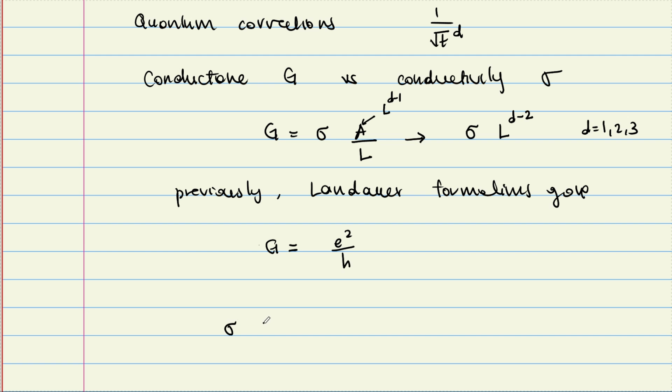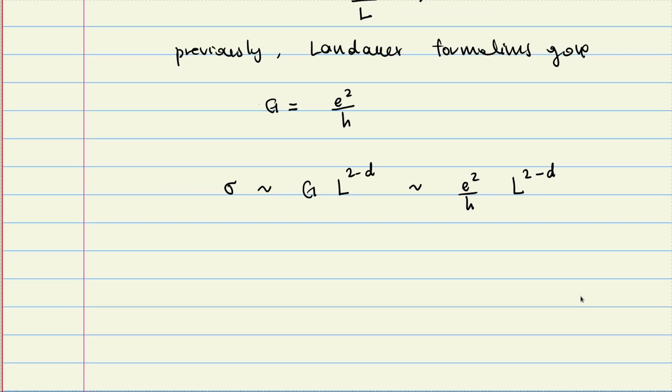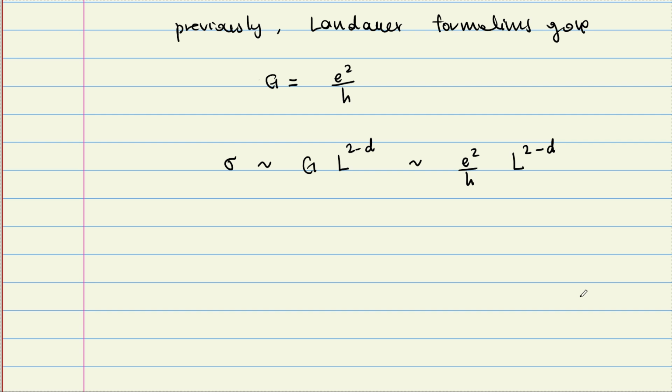Sigma is proportional to G times L to the 2 minus D. I just take this to this side and write sigma in terms of G. And this is going to be, in terms of dimensions, E squared over H times L to the 2 minus D. Okay, so this is just dimensions.